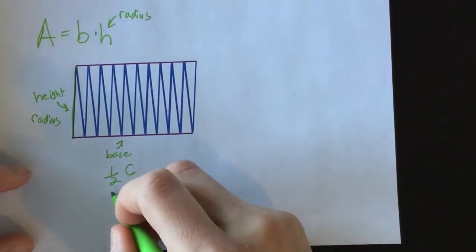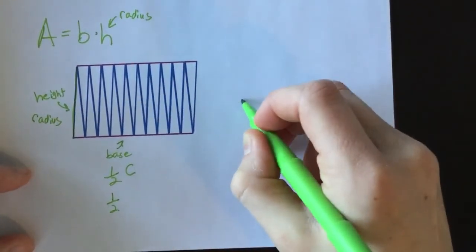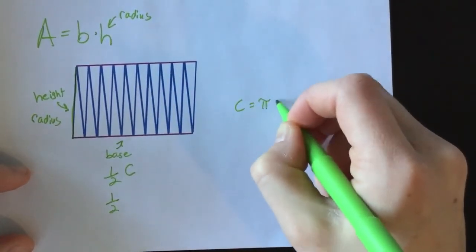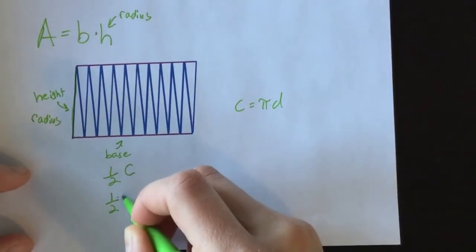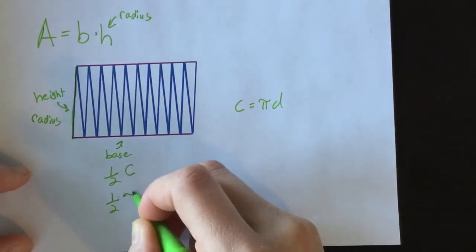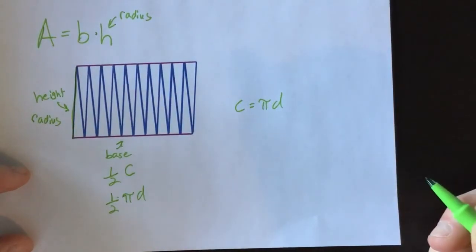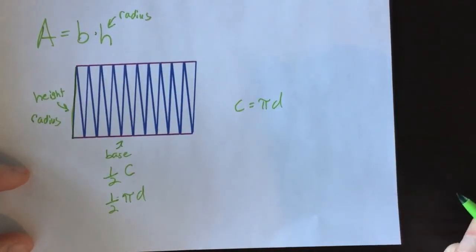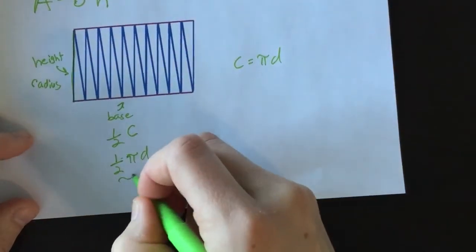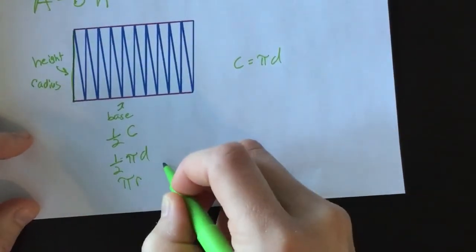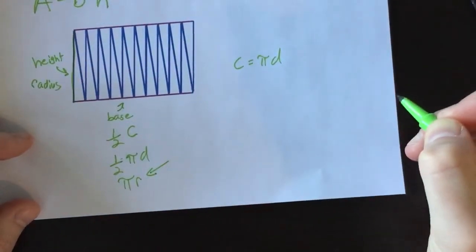So that'll be 1/2, and remember, we know our circumference is pi times diameter. Okay, so I'm going to substitute in for C. Circumference 1/2 pi times diameter. And wait, what's half the diameter again? Oh, that's right. It's the radius. So really, that's pi times the radius.